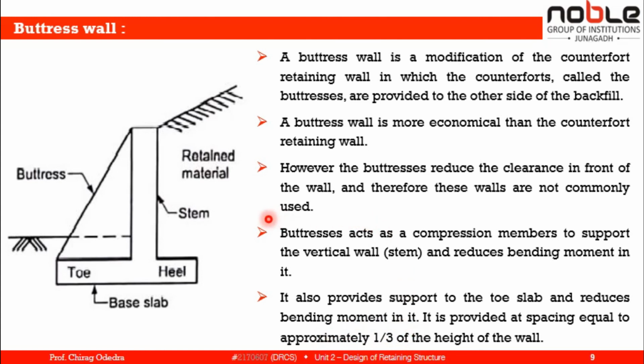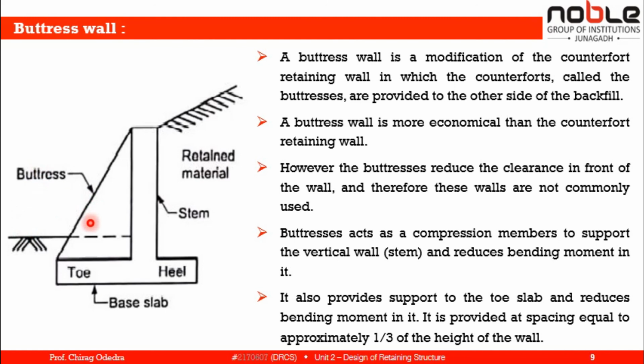So the only difference between the counterfort retaining wall and the buttress wall is that the counterforts are provided on the heel side, while here the buttresses are provided on the toe side. Another difference is that the counterforts are in tension, and here the buttresses are in compression, and here the buttresses reduce the clearance on the other side.